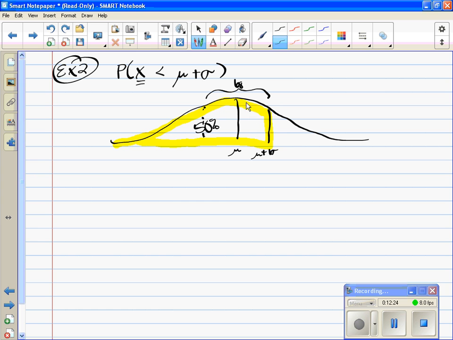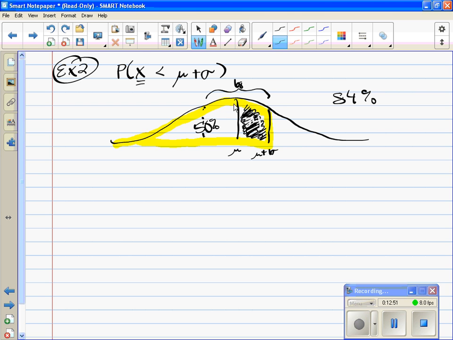So that means just this piece right here is going to be the 34. So you got 50 over here, 34 over there. So the probability that I'm going to be less than one standard deviation above the mean, 84%. That's it.